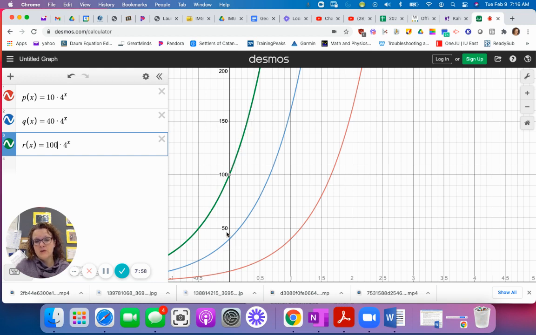Q of X is always going to be in the middle, in between green and red, because it starts out with the middle value and it has the same growth factor. And red is never going to surpass blue or green because it starts with the smallest amount and it has the same growth factor. So my changing value of A shifts the graph up or down depending on the initial value.